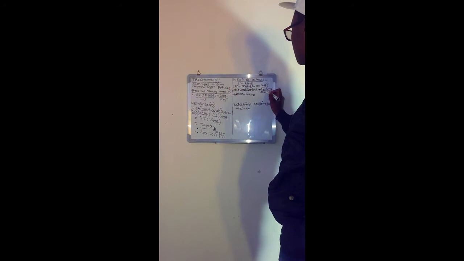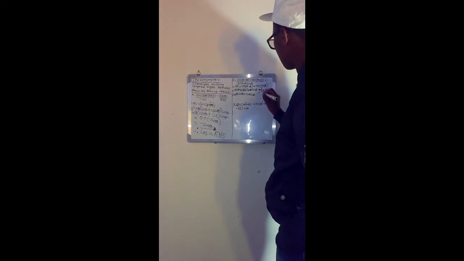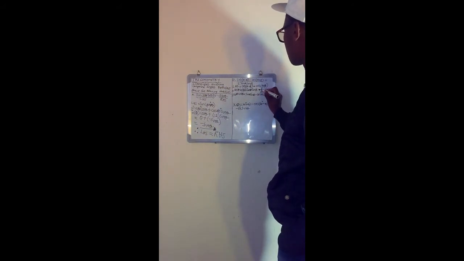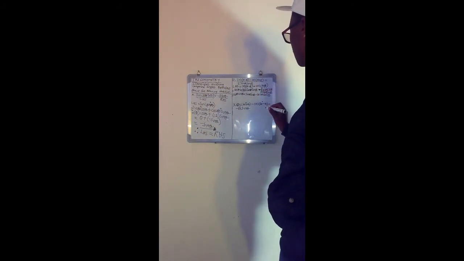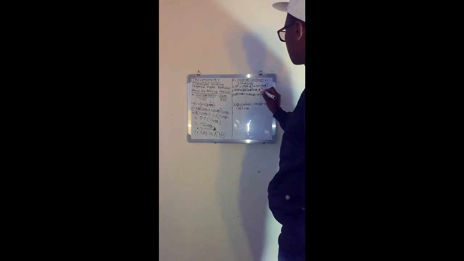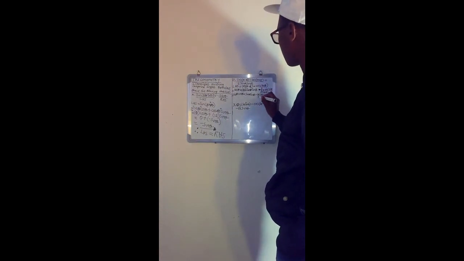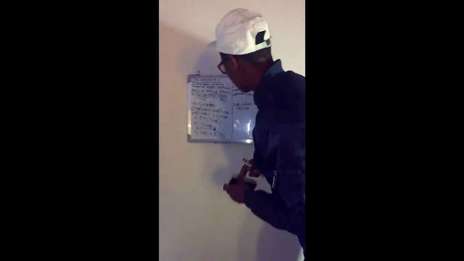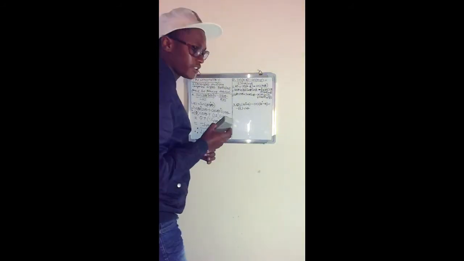So negative times cos A cos B is going to be minus cos A cos B. So it is this negative times the invisible positive here. And then after it is going to be negative times negative, and then finally positive sin A sin B. So I'm going to erase this one for the sake of space.